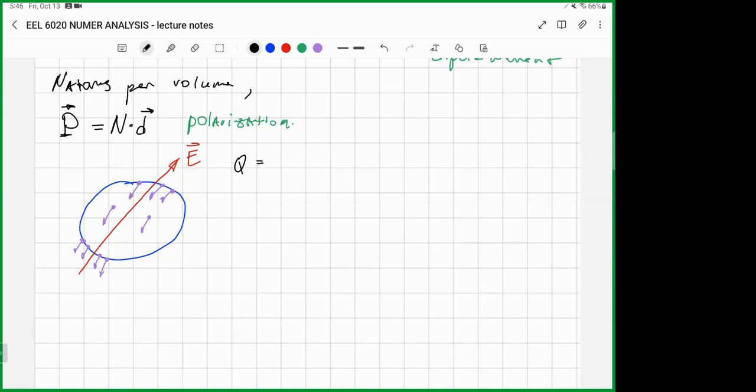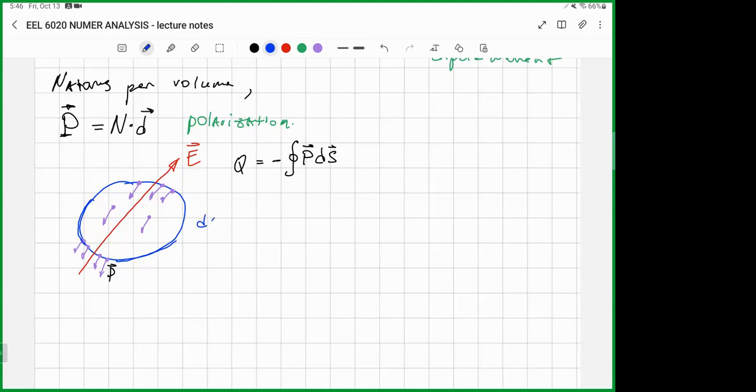And since they go out, we put minus. And then what we do, we integrate the polarization, because this creates polarization, over the surface of this unit volume.